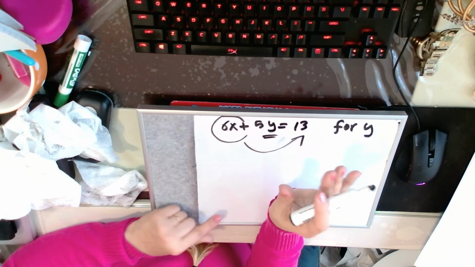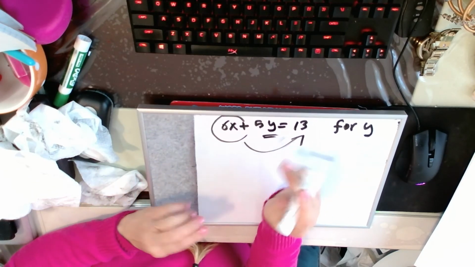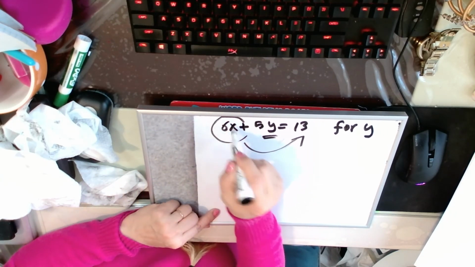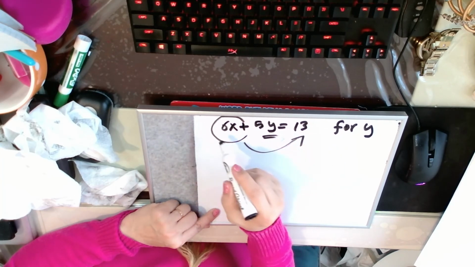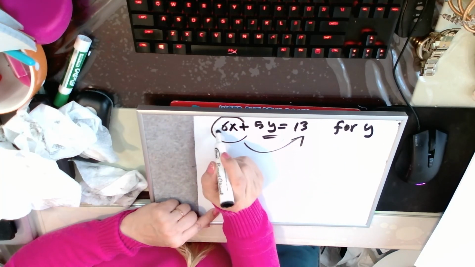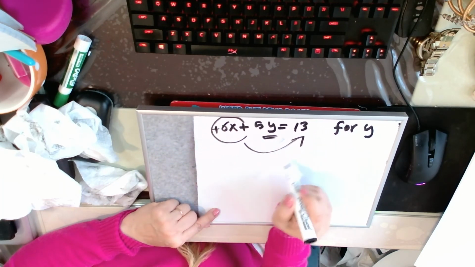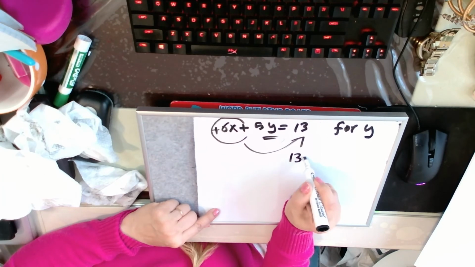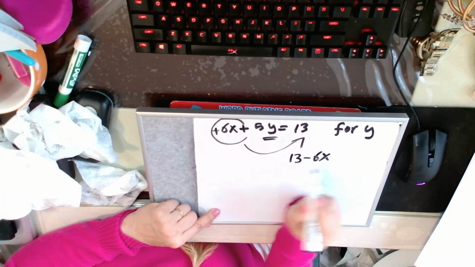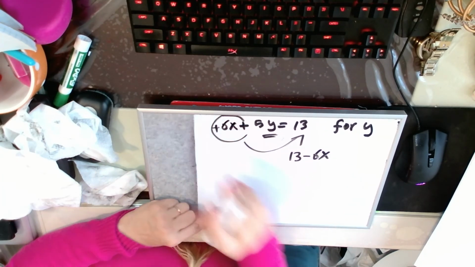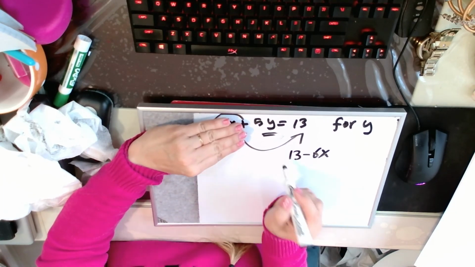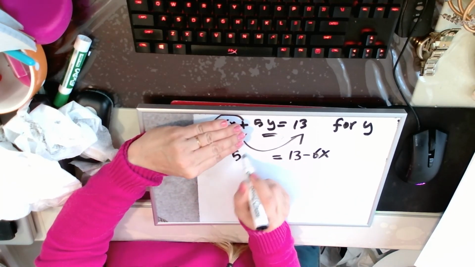My easy or faster way to move this 6x to the other side is just to change its sign. Its sign is plus, so it's going to be minus. So it's going to be 13 minus 6x. We're done with this. Just put 5 under it.